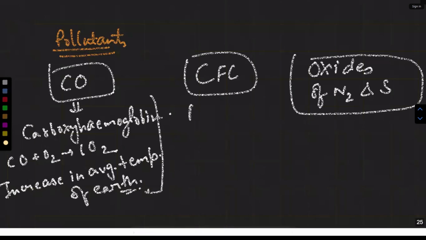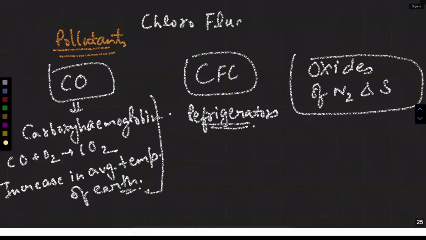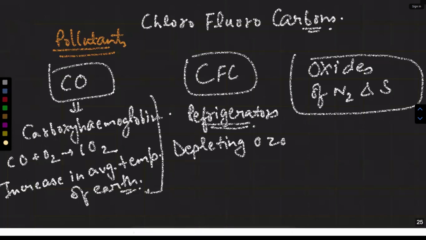Now CFCs are released by refrigerators. CFC means chlorofluorocarbons, and CFC's main problem is that they are depleting our ozone layer. The government has also issued rules against the use of CFCs in refrigerators, and we are using other gases to cool.